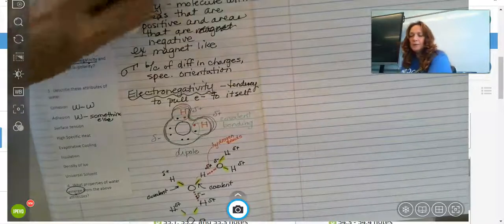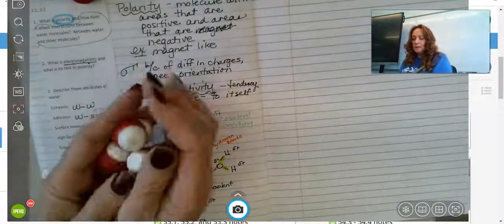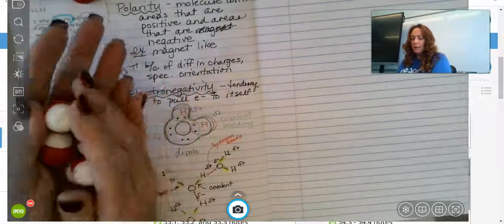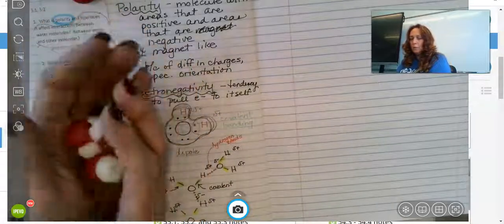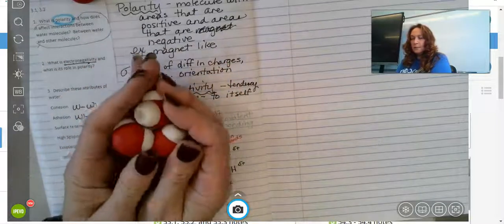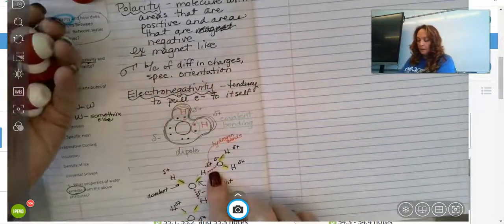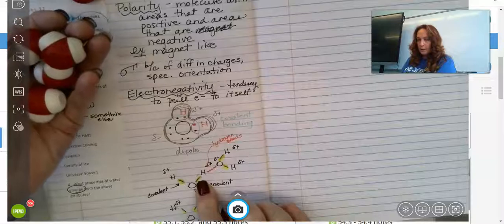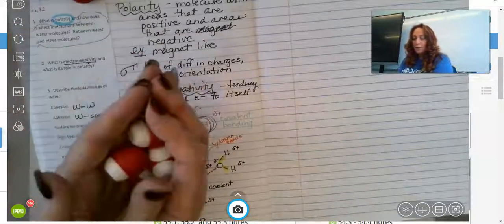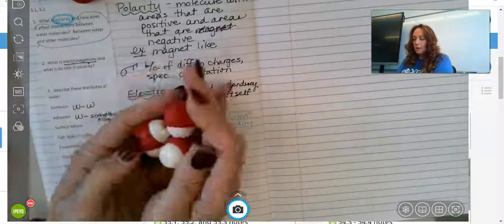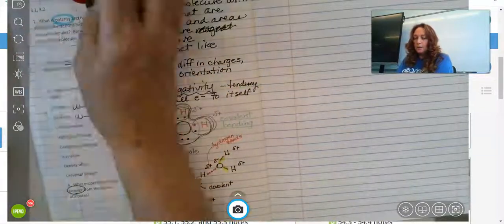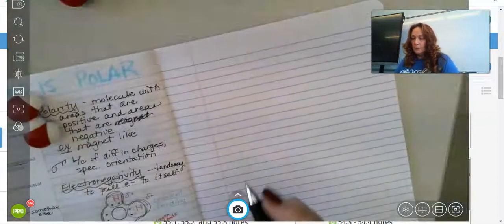And they're fleeting, they're fast. So they're made and they're broken. They're made and they're broken because the waters are always moving, and when they're moving, they're orienting themselves in the way that the oxygen of one is next to the hydrogen of another, and they're attracted to it, and then it's gone. And then it moves, and then it's gone, and then attracted, and then it's gone.